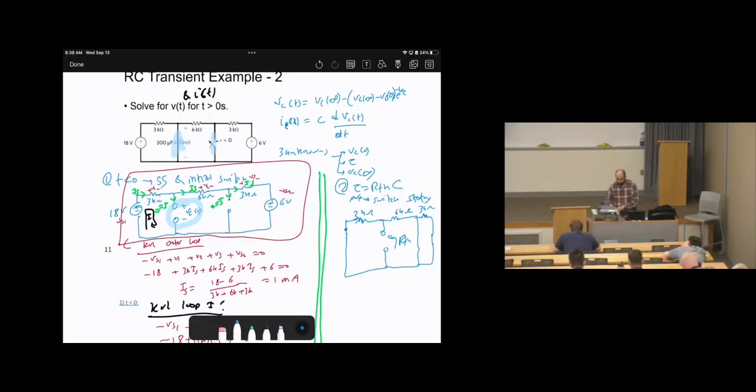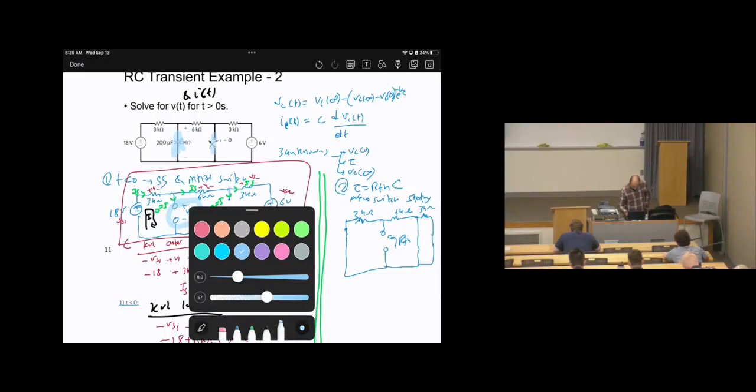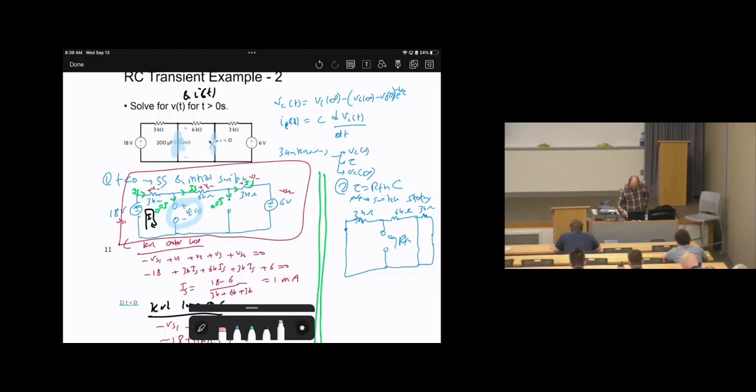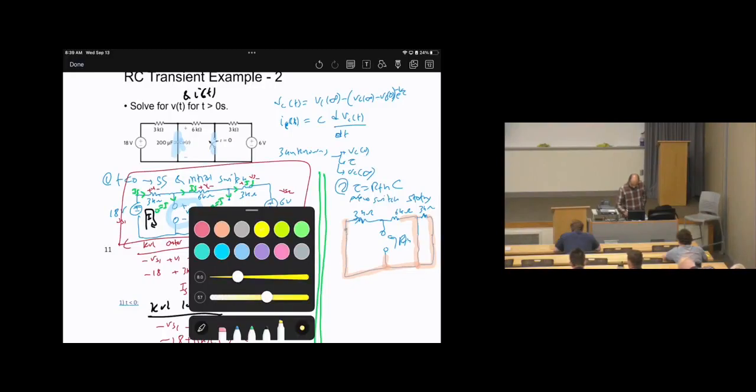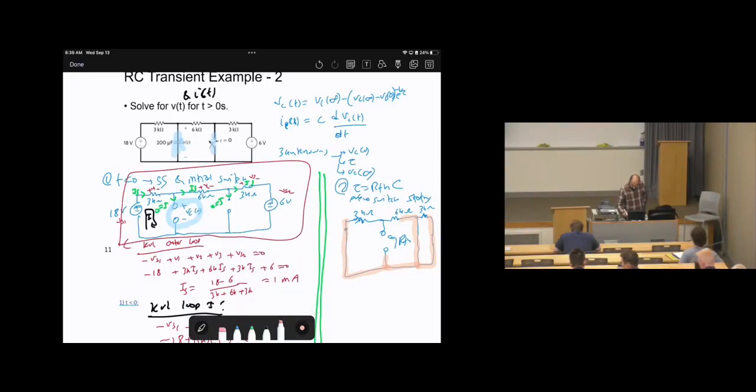So we need to calculate R Thevenin. The best way is to label the nodes. Let's label the nodes. This is the same node, and there is another node here.